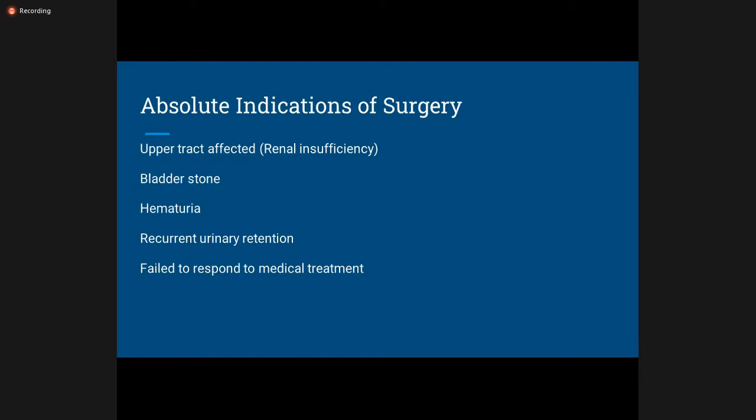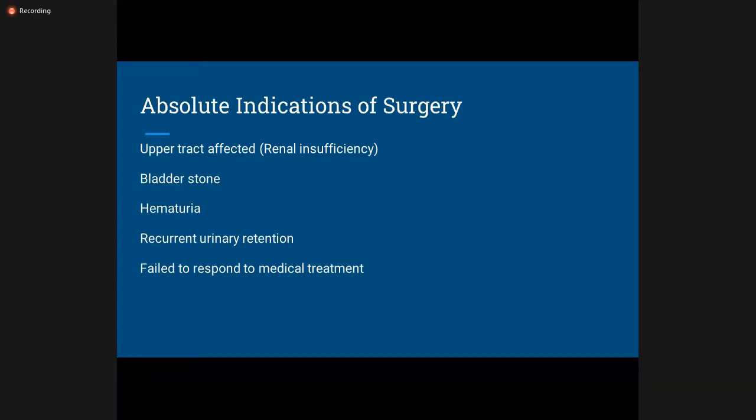If somebody is having the reflux of the urine, then there is no option but to go for surgery. If somebody has developed a bladder stone secondary to the enlarged prostate, then there is also no option but to go for surgery. If somebody is having gross hematuria secondary to the prostate, not other issues, then it's best to go for surgery.